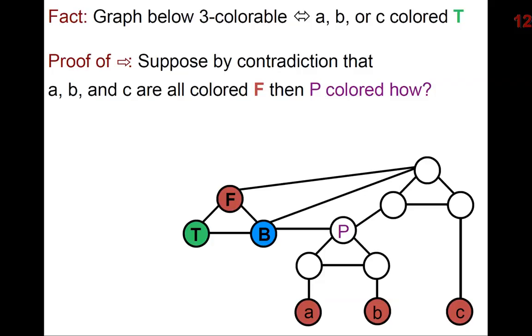Okay, let's suppose by contradiction that A, B, C are all colored F, or red. Then what would be the color of P?